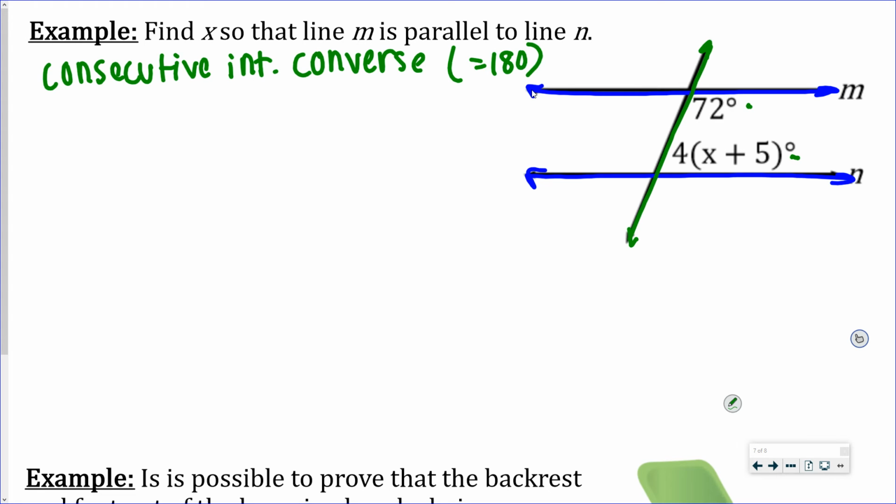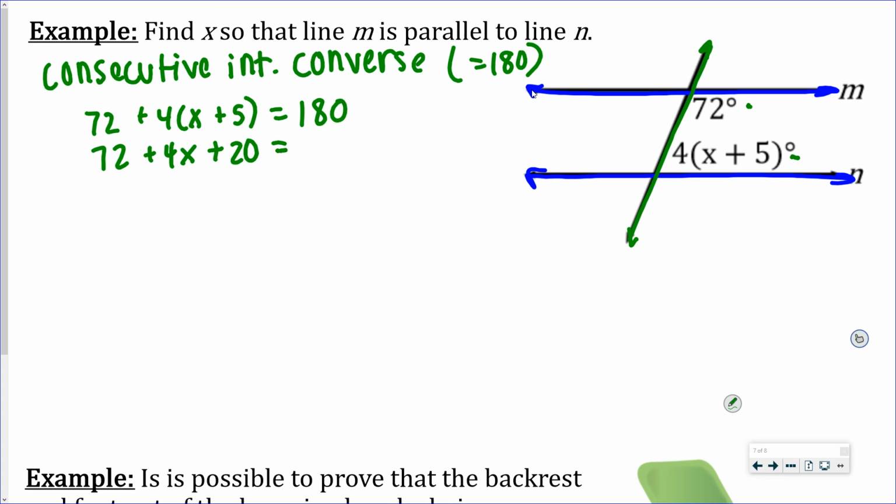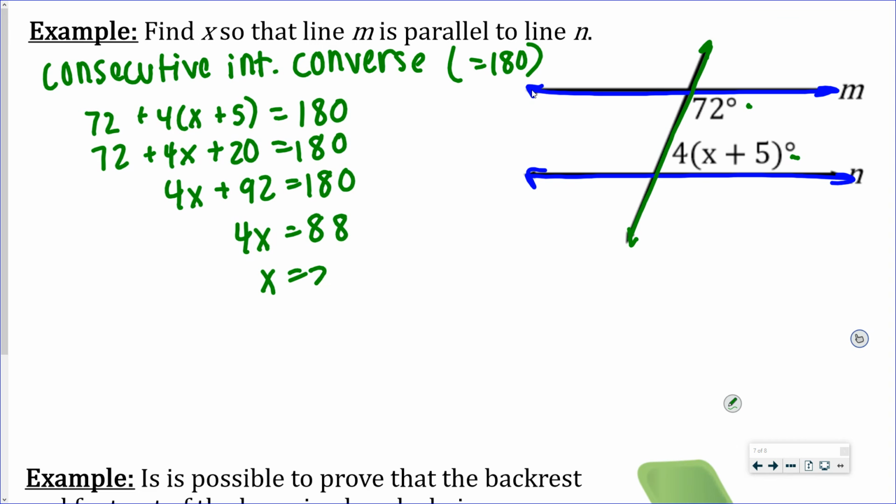If they're supplementary, then you can conclude those are parallel. Okay, so I'm not setting these two equal to each other. These are consecutive interior. These should total 180. Good old-fashioned algebra here. I don't mean to go too quickly. I've done a lot of this, and you guys are pretty good at solving equations. We get 22.